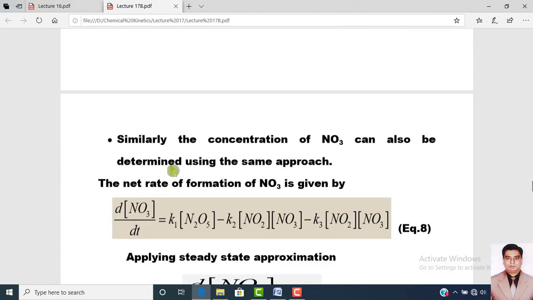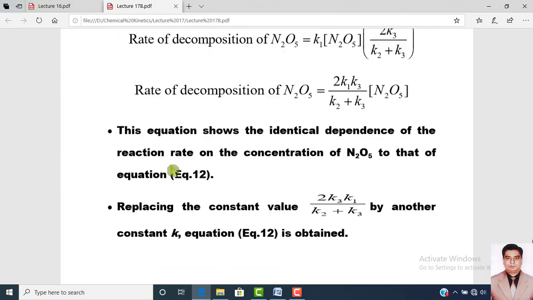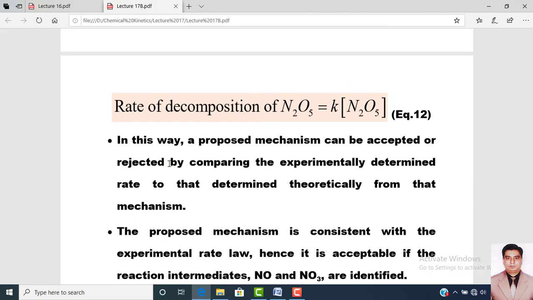Dear students, back to equation number 12. This is the equation number 12, rate of decomposition of N2O5 that is equal to K into N2O5. So just like I have taken the example of N2O5, you can apply it in this way.